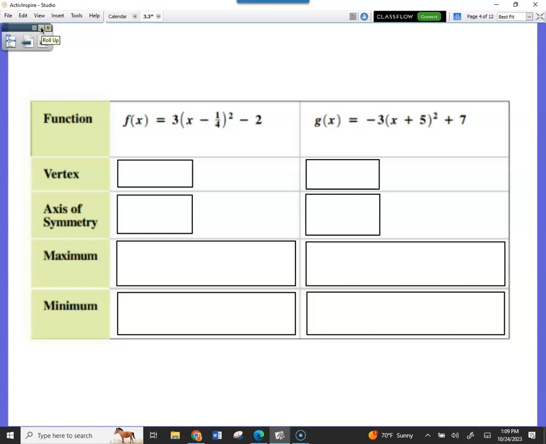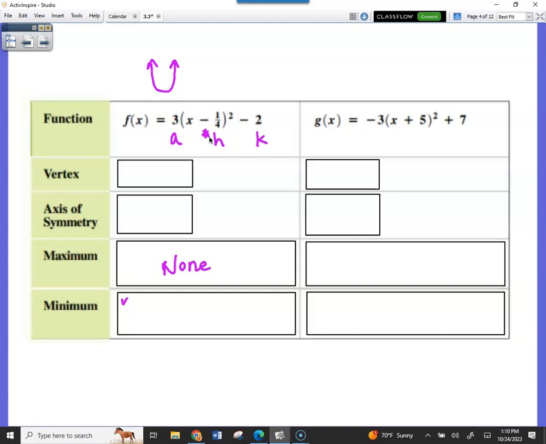Looking at the first one, A is what? A is 3, which means it's positive, so it's opening what direction? Up, which means it has a min, which means in terms of a max, none. Right? There's no max. The letters H and K tell me the vertex of the quadratic.